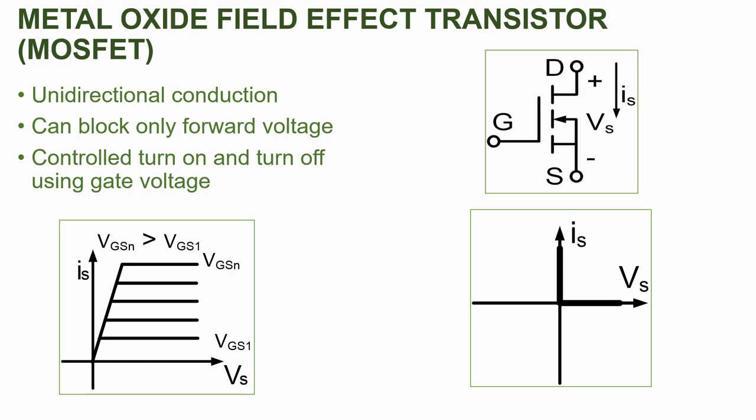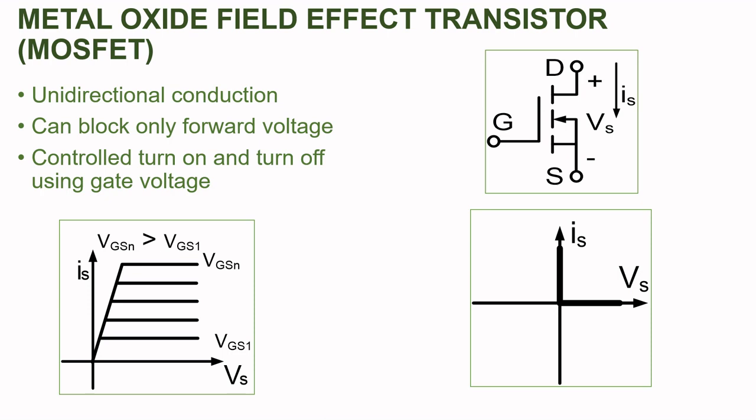These VI characteristics are similar to the VI characteristics of BJT, but the main difference is in case of MOSFET, the actuating signal is gate to source voltage, and in case of BJT, the actuating signal is base current. Hence, MOSFET is known as voltage control device and BJT is known as current control device.